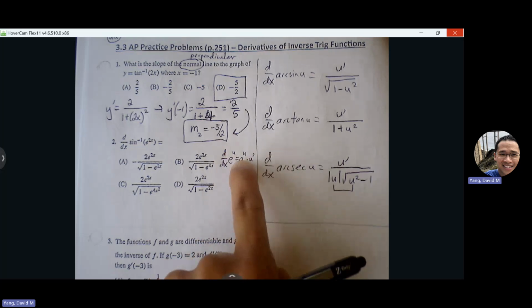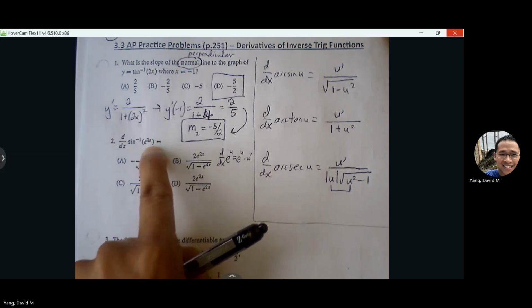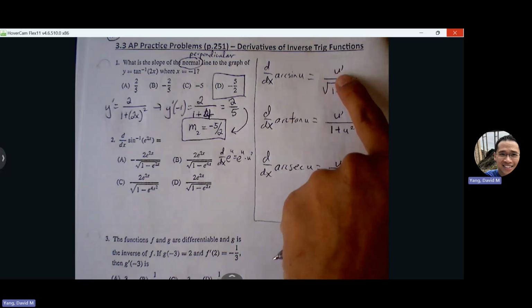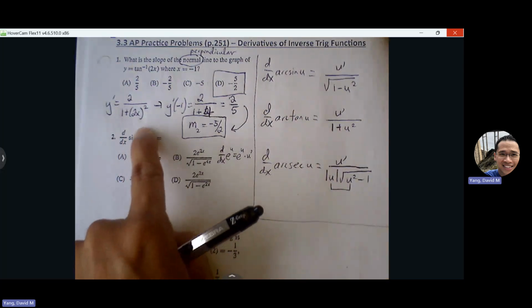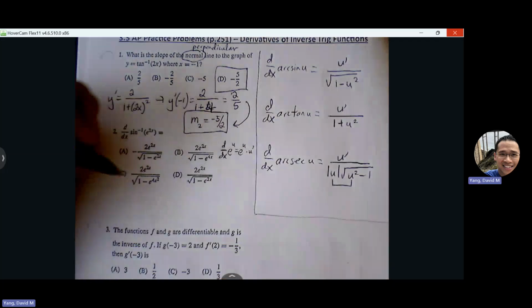But then within this, there's a larger rule, which is arc sine. So arc sine of u is u prime over square root of 1 minus u squared. U prime is asking for the whole parentheses derivative, which is e to the 2x times 2.